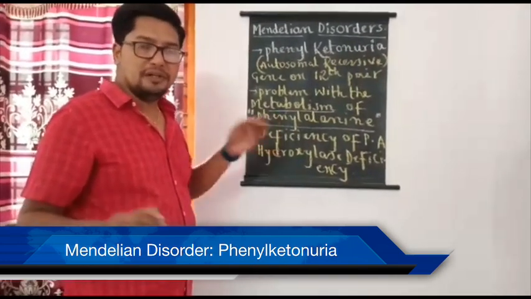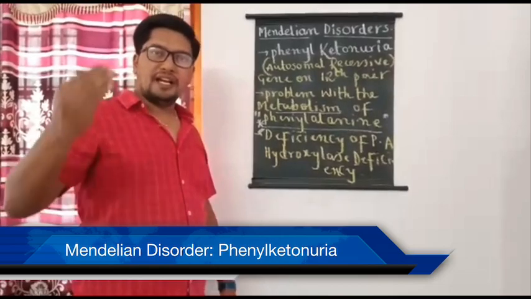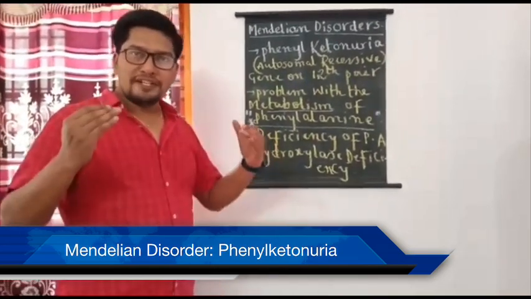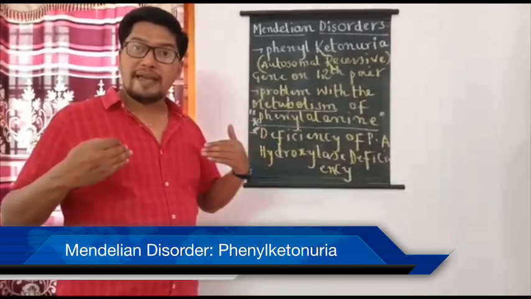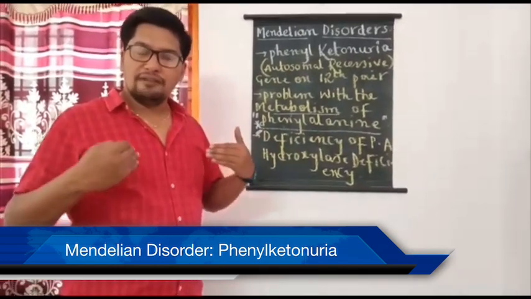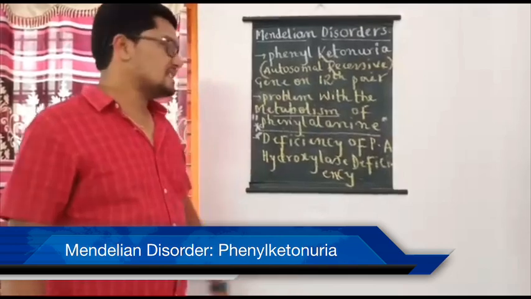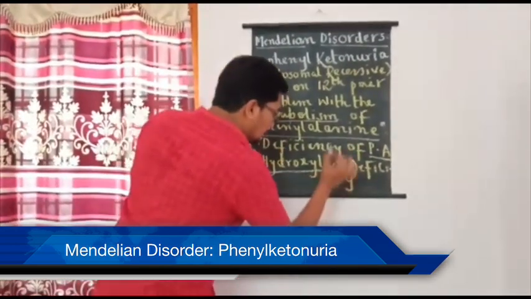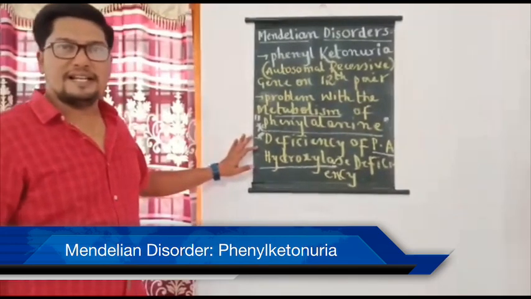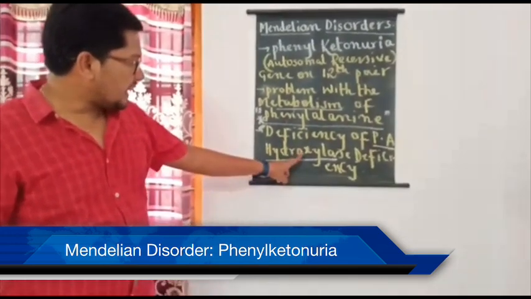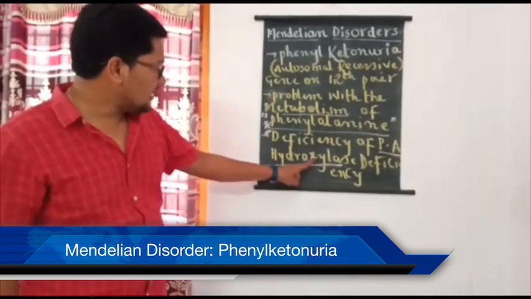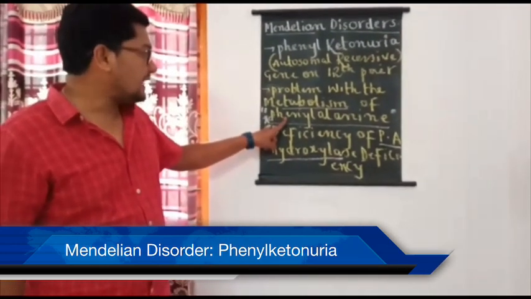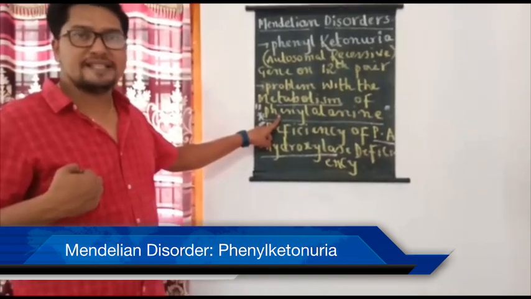Students, remember, whenever we consume phenylalanine in the form of food, to metabolize it within the body, we need an enzyme called phenylalanine hydroxylase. So phenylalanine hydroxylase is the enzyme responsible for the metabolism of phenylalanine within our body cells.